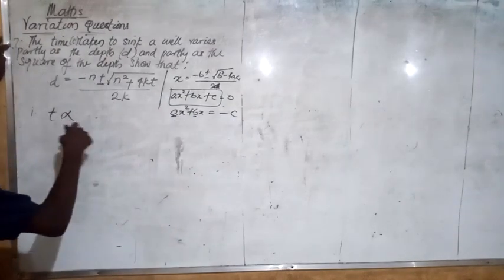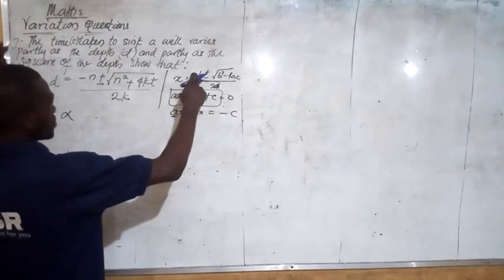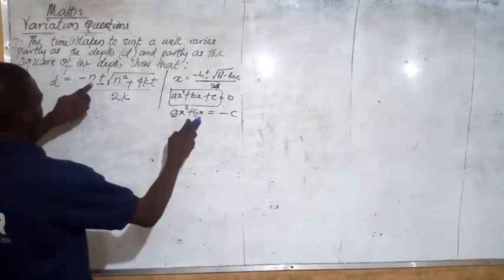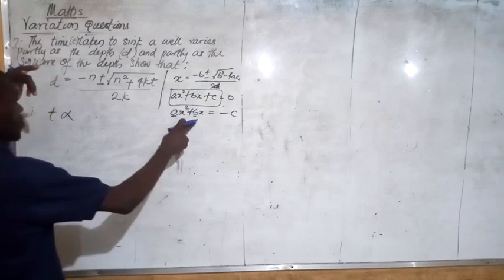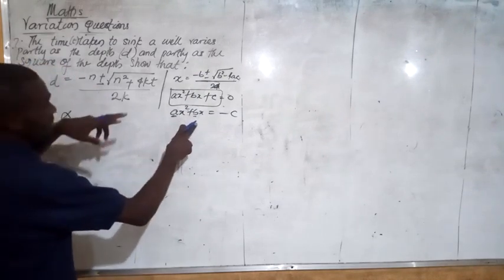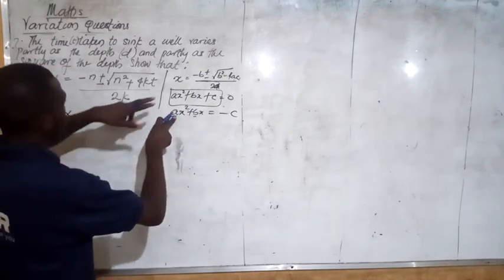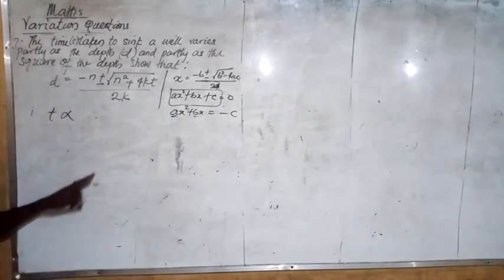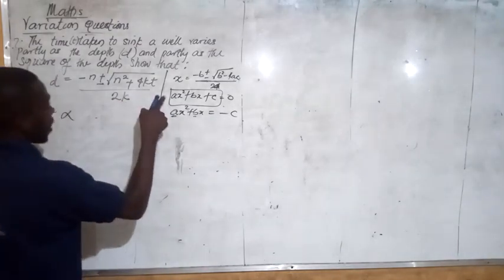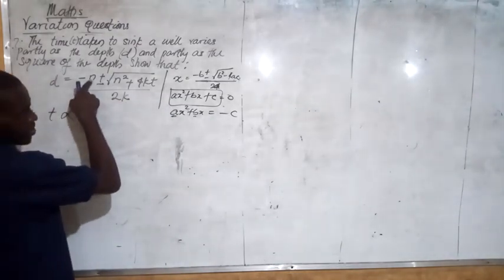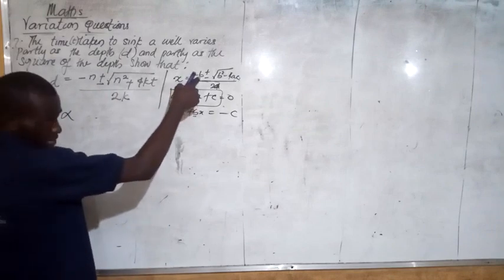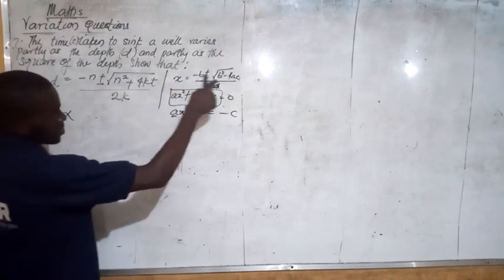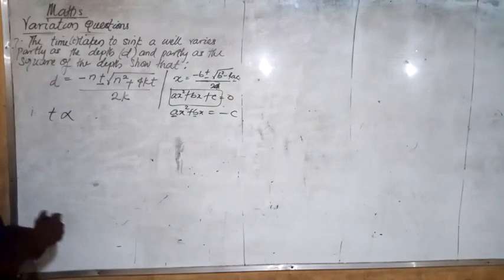In this case, b is n, and a is k. I hope we got that. So our n is the same as the b here, and of course our k is the same as the a here, if you look at it very closely.